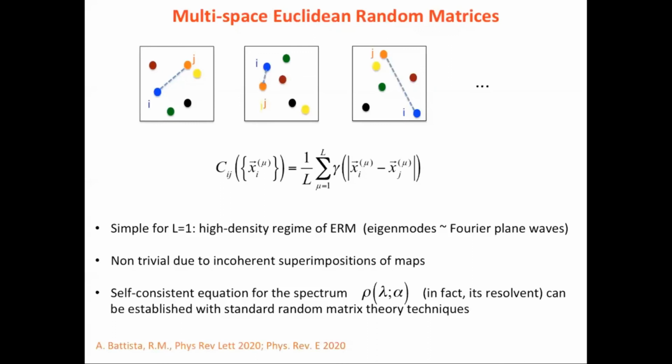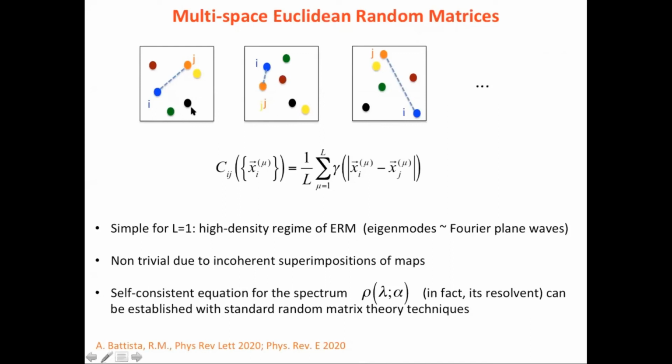What is interesting here, remember, is that we have a single hippocampus, but L different manifolds, L different physical spaces where the animal can be. So we have an extension of the physical Euclidean random matrix to something not considered by physicists before: a multi-space Euclidean random matrix, where each index i, corresponding to each neuron, can be associated to L different positions in L different spaces.